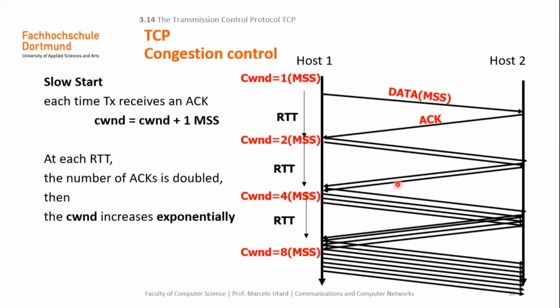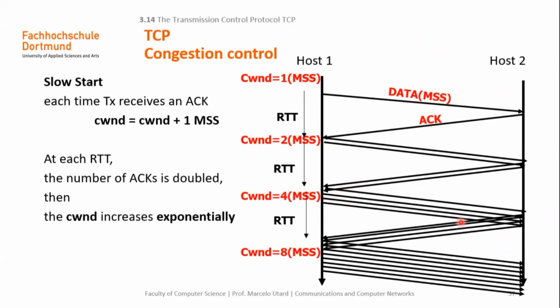When the transmitter received the acknowledgement of the 2 MSS segments, the congestion window is increased by 1 with each acknowledgement. Now the congestion window is equal to 4 MSS. Then the transmitter sends 4 segments of maximum size.